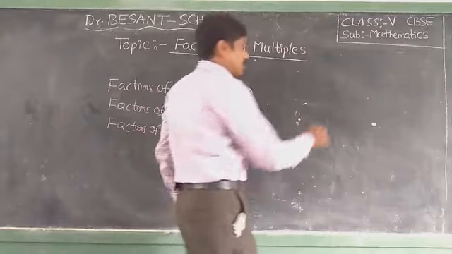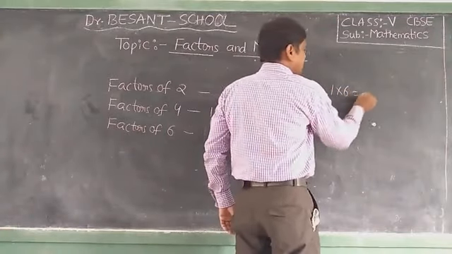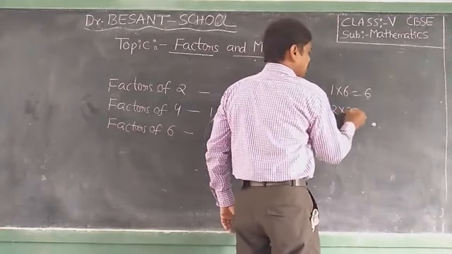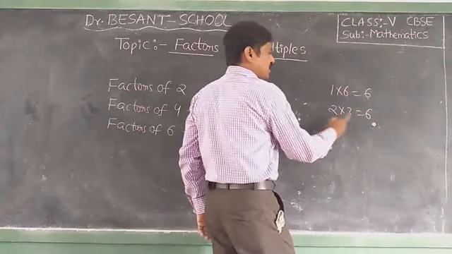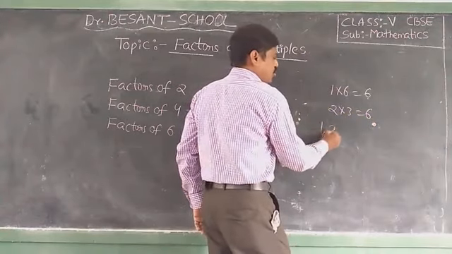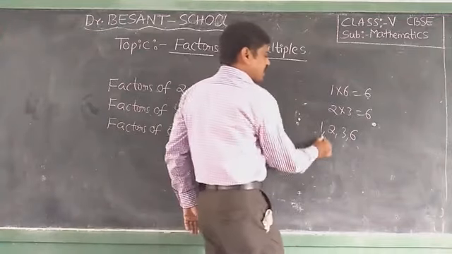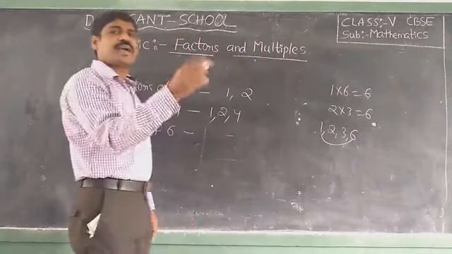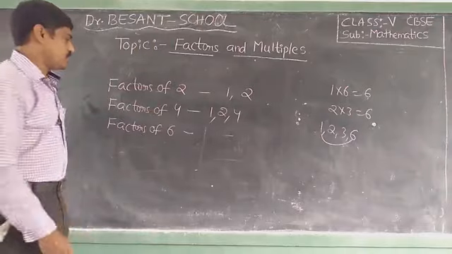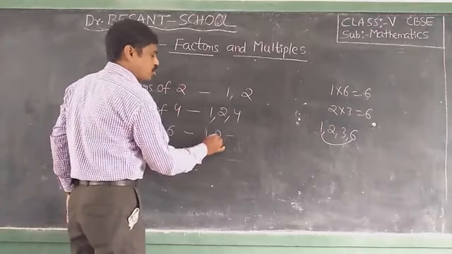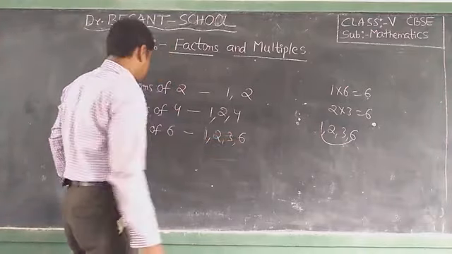How to find them? 1 6 are 6, 2 3s are 6, 3 2s are 6, 6 1s are 6. So 1, 2, 3, 6. Always 1 and itself are compulsory. Remaining we have to search.